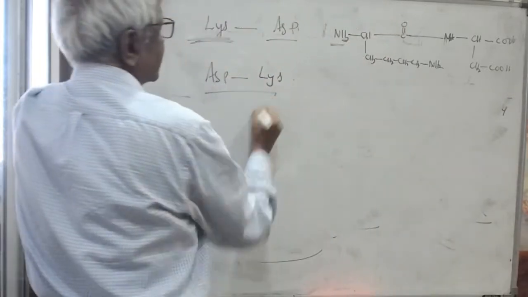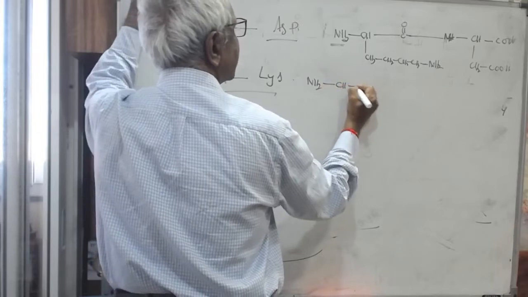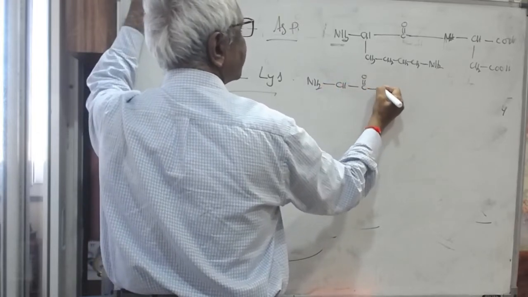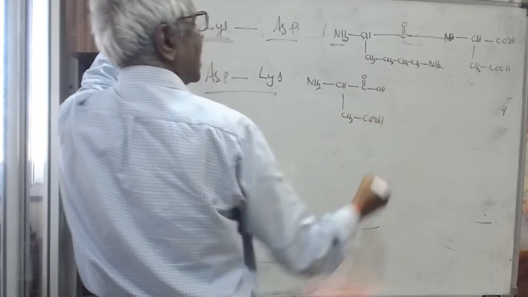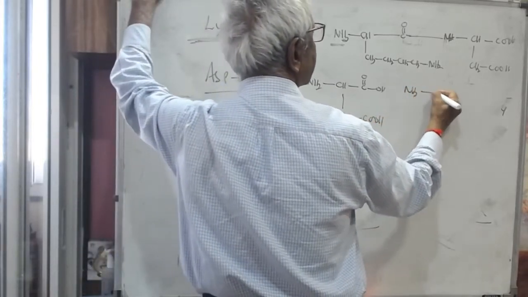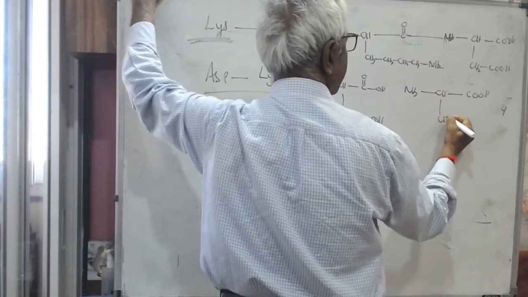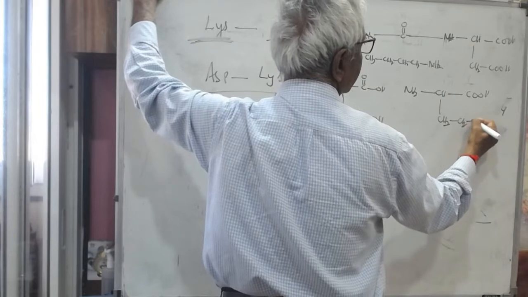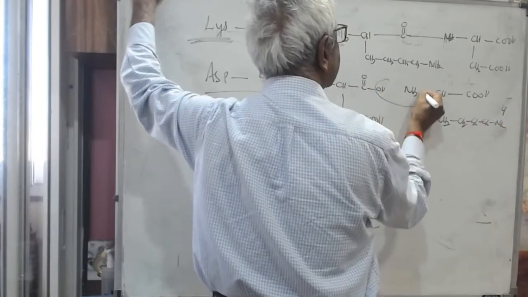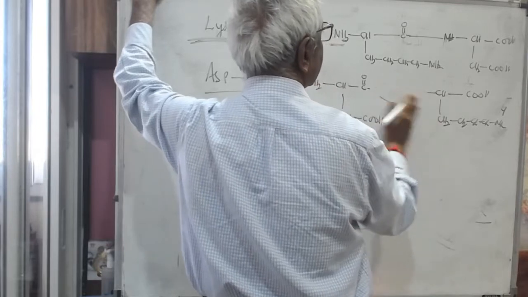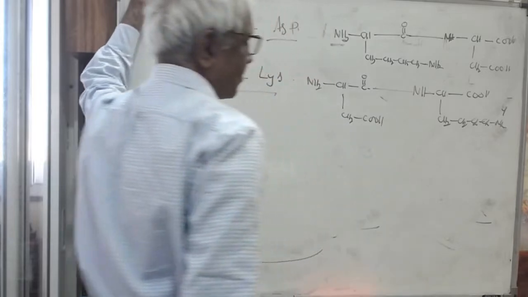Now you write CH, COOH and CH2COOH, and you write NH2, CH, COOH and CH2, CH2, CH2, NH2. Therefore, what is that group? NH. This is the dipeptide.